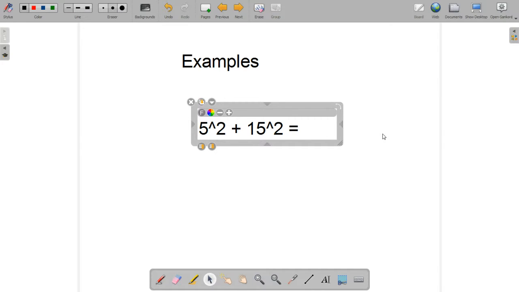This may look hard at first glance, but if you can separate this first, let's factor out the 15. It's just 3 times 5, raised to the 2.